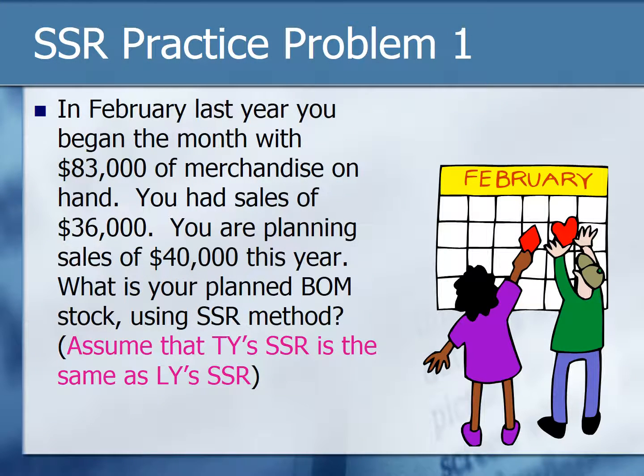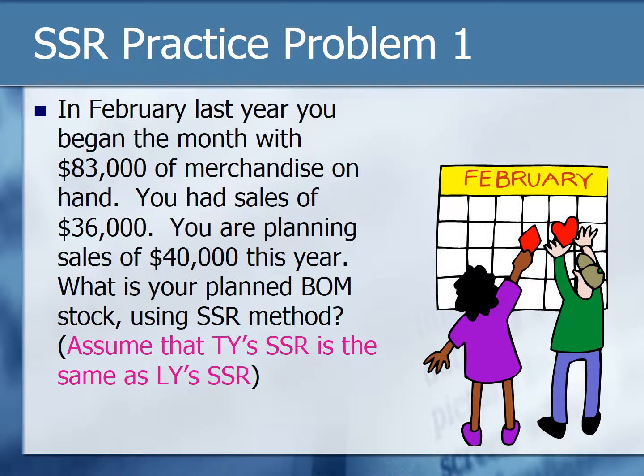Alright, so let's work on one practice problem here. In February last year, you began the month with $83,000 of merchandise on hand. So that $83,000 will be your BOM, beginning of month, stock level for February last year. And you had sales of $36,000 in February last year.